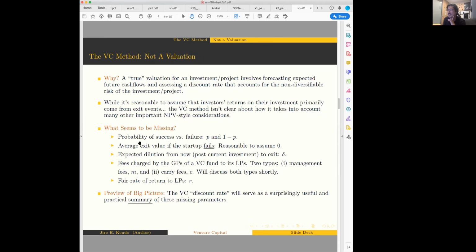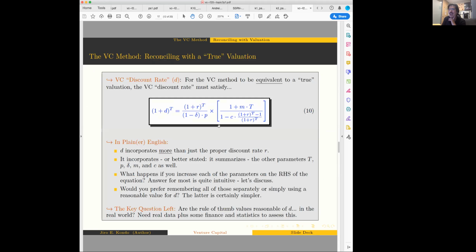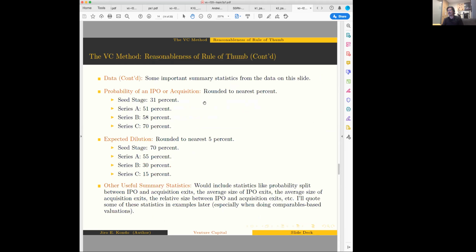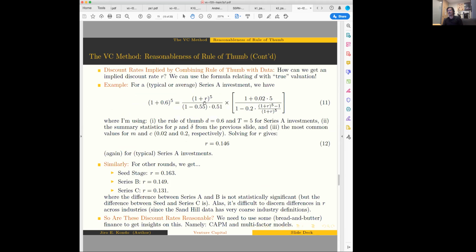And so I'm going to look at this reconciliation formula round by round to get a round specific discount rate. Does that make sense? Let me show you what I mean.